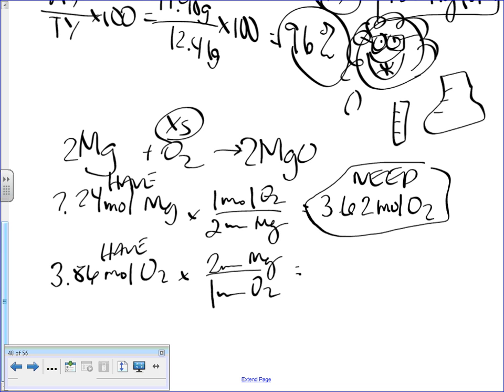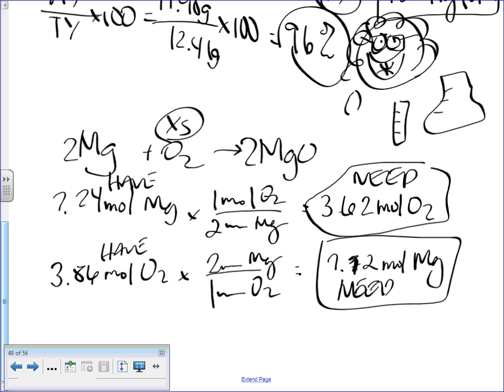How much magnesium do you need? 7.2, there you go. Moles of magnesium. Okay, so if you need 7.72, does that confirm our initial thought? Right, you need more than you have. So this one is your LR. So we know who our LR is.